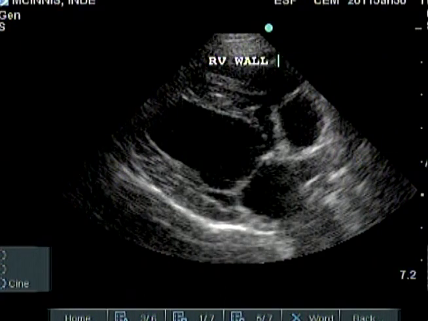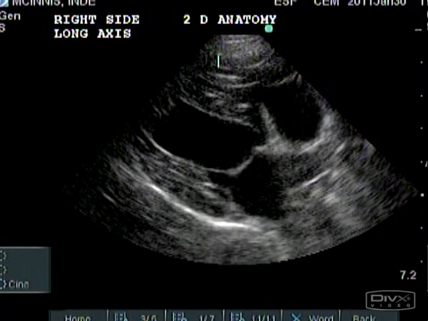The right ventricular free wall is in the near field. The interventricular septum separates the right and left ventricles. The left ventricular free wall is in the far field. The right ventricular free wall is in the near field and the closest structure to the transducer.